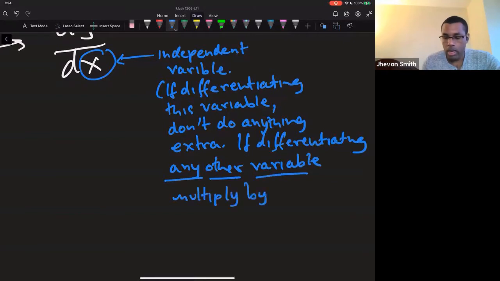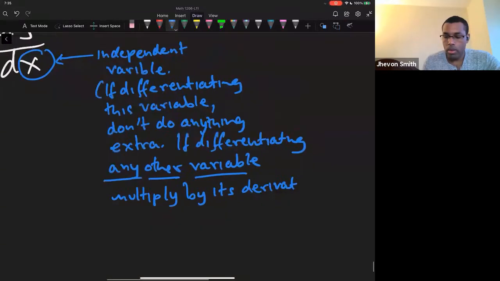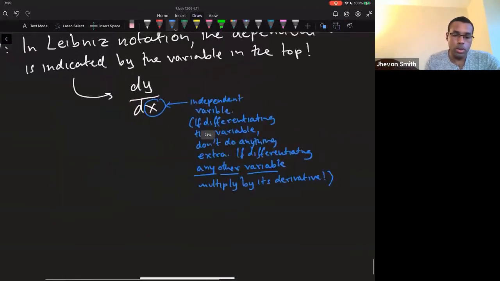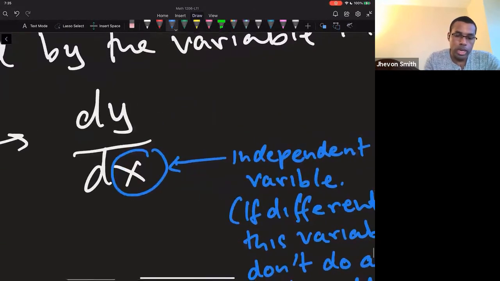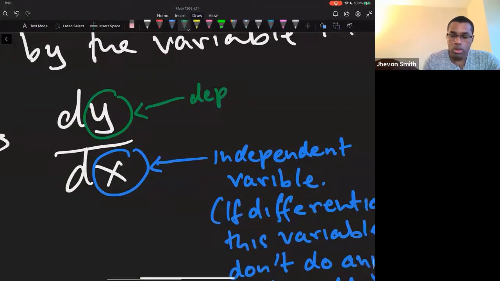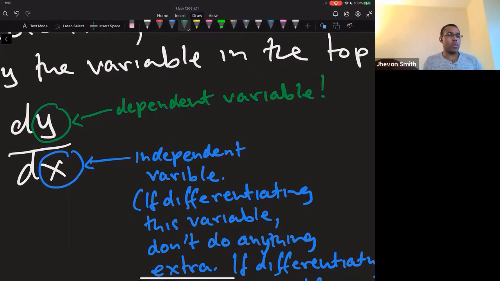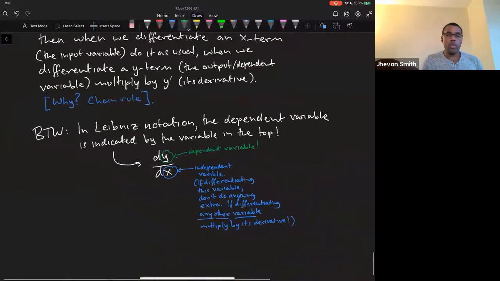Multiply by its derivative. And so this guy would be the dependent variable. Okay, so the Leibniz notation would actually indicate that to you.